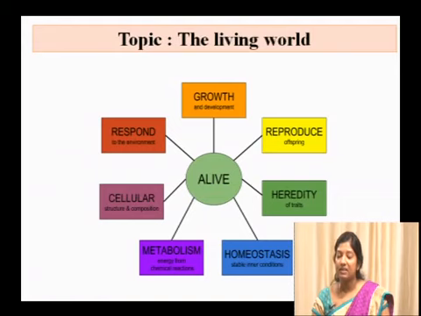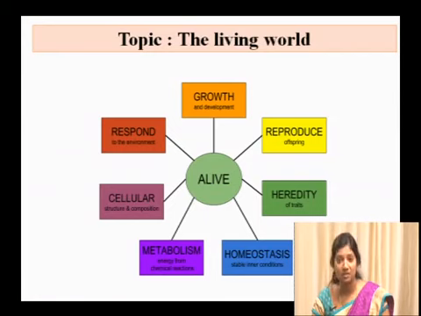Now if you consider the characteristic feature growth, growth is found in all the organisms. But growth alone cannot be considered as an all-inclusive character which will decide that something is living. Another characteristic feature, reproduction. Reproduction is nothing but production of the offspring or progeny. So can we call reproduction an all-inclusive characteristic feature of living organisms?